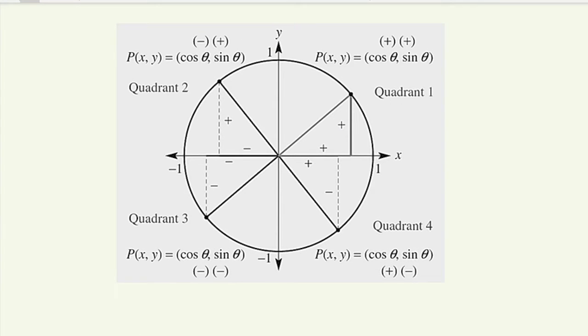Just remember that for the different quadrants, cosine theta and sine theta can be positive or negative, depending on where it sits. And please just remember that tan theta is sine theta over cos theta.